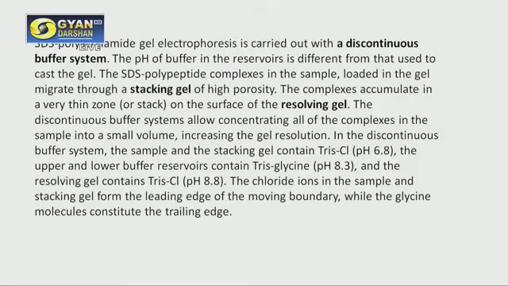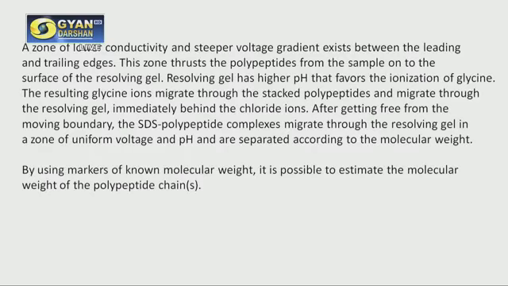The chloride ions in the sample and stacking gel form the leading edge of the moving boundary, while the glycine molecules constitute the trailing edge. And a zone of lower conductivity and steeper voltage gradient exists between the leading and trailing edges. This zone thrusts the polypeptides from the sample onto the surface of the resolving gel.